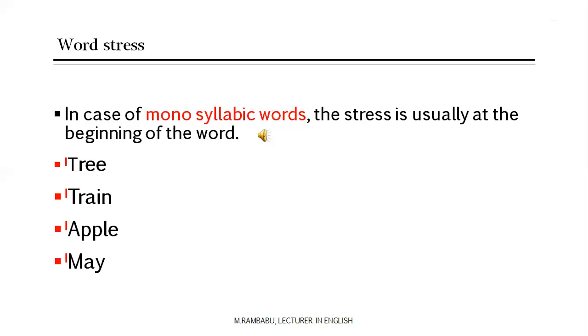Okay, these are all monosyllabic words. They take stress at the beginning of the words. It's quite natural thing because naturally the stress marking is laid at the beginning of the syllable concerned.